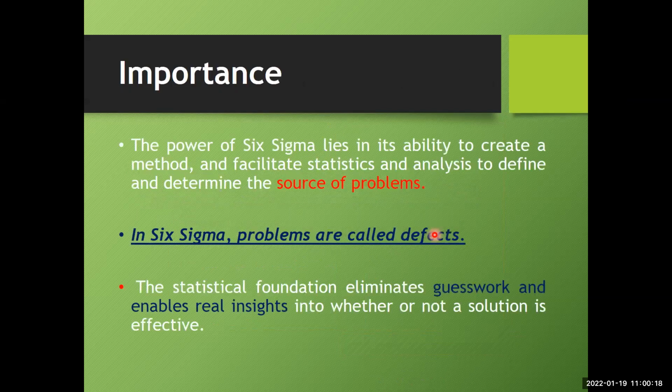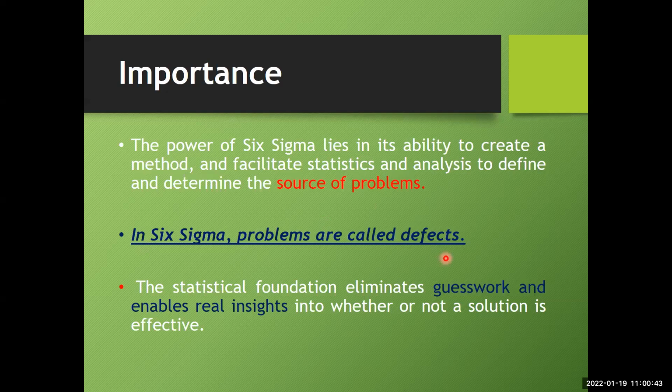The power of Six Sigma lies in its ability to see. This was the statistical concept, what sigma is and so on. But now, what exactly is Six Sigma, and what is the way of working with Six Sigma to improve the process? In Six Sigma, all problems are called defects.